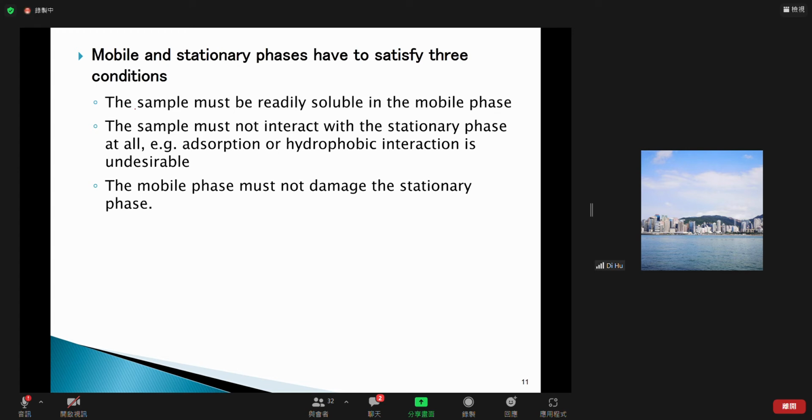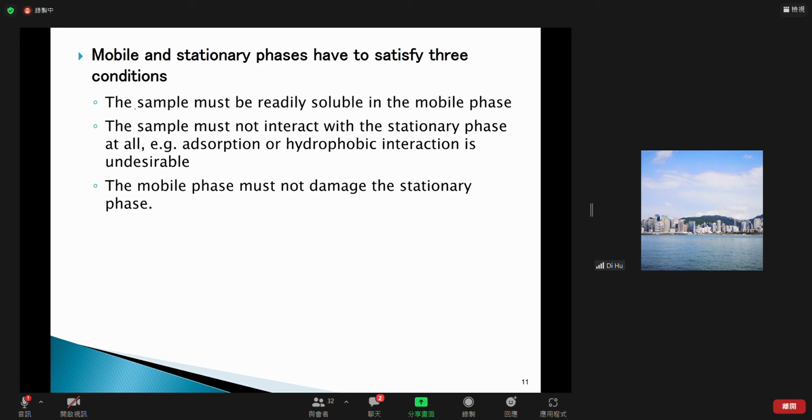And also the sample must not interact with the stationary phase at all. We say if that happens, you will see a peak coming out after VT, but that's not what we want. That means we don't want any adsorption or hydrophobic interaction to happen there. If that happens, there's a way to deal with it.